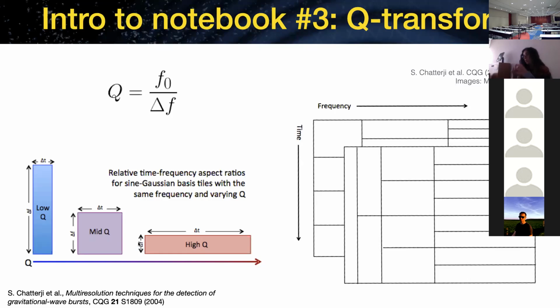So when you plot the low frequency part of the data, you use high Q. Vice versa, in the high frequency part, you are more interested in being precise in time, so you use low Q.